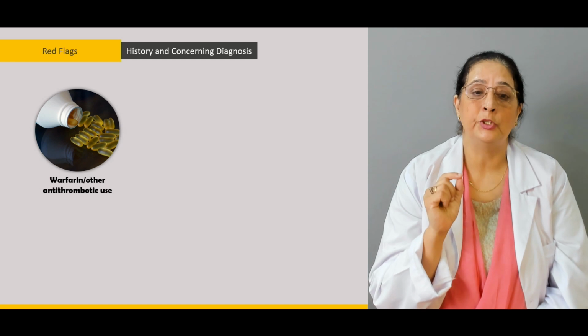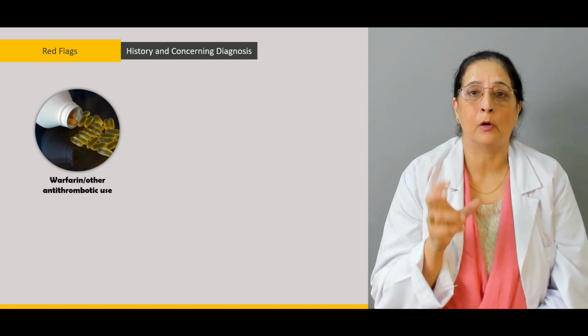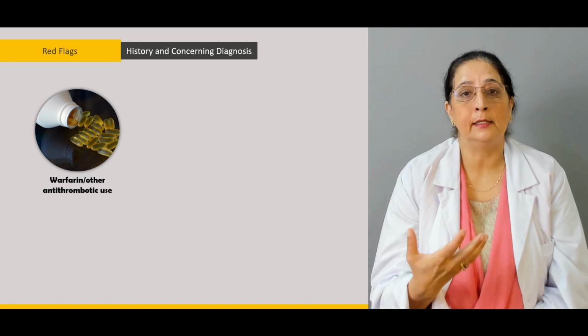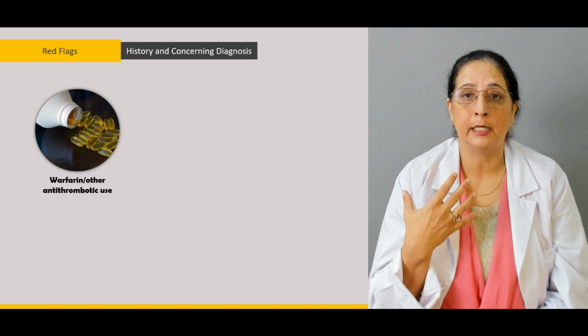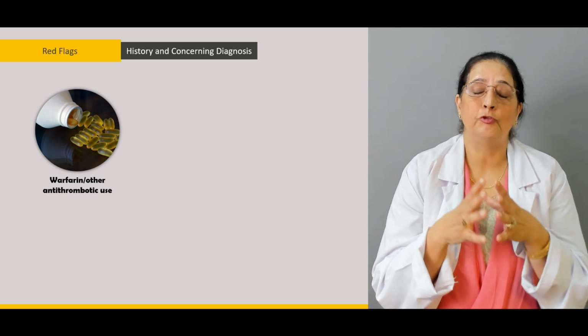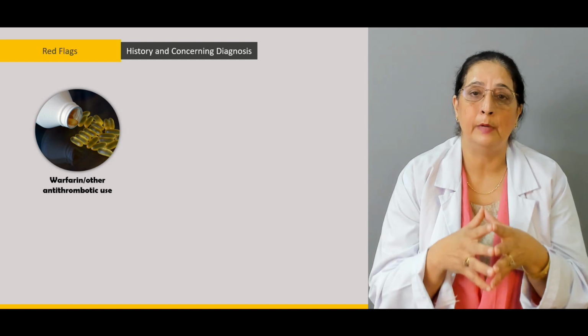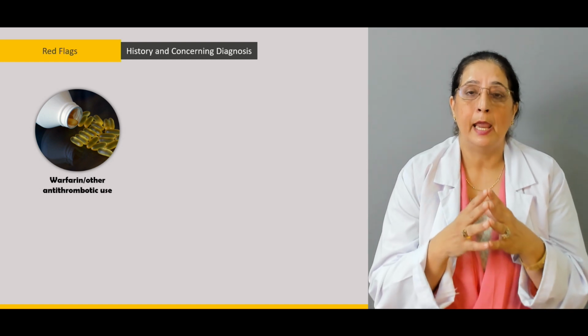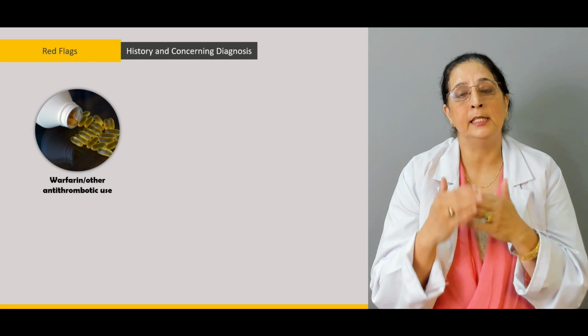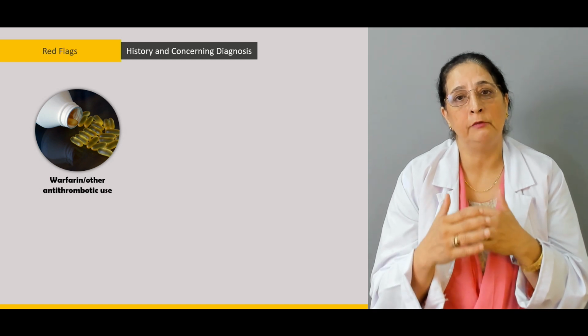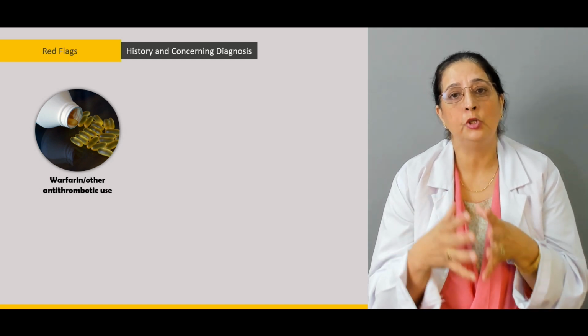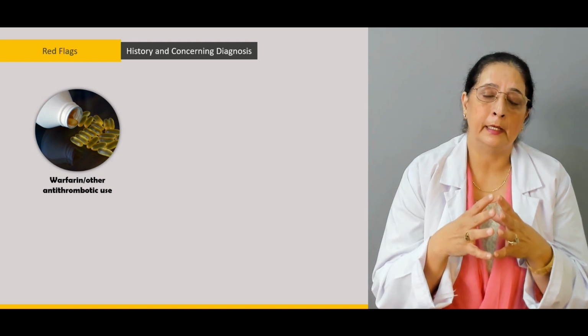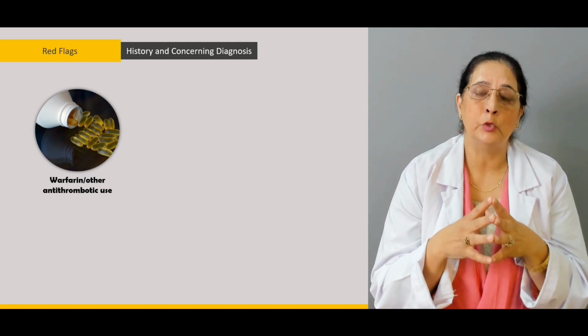A person who is using a drug like warfarin or any other anti-thrombotic drugs, these are the drugs that prevent the blood from clotting, and these individuals are prone to excessive bleeding or acute bleeding.